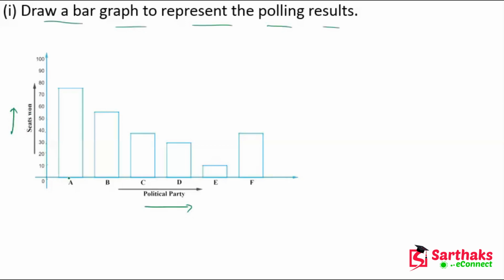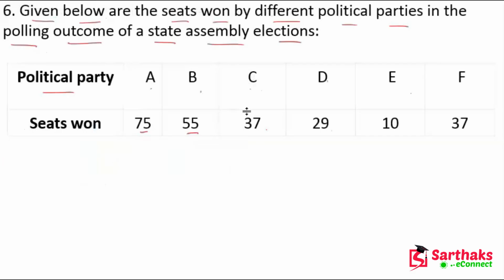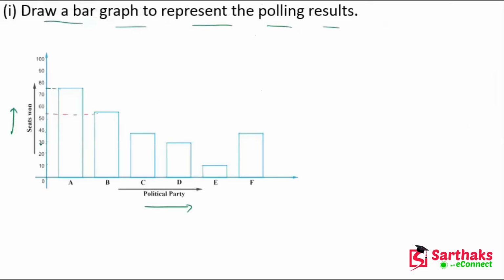So now, seats won by A is 75. Here you can see this is 75. Seats won by B is 55. Seats won by C is 37. So we can write this is 75, this is 55, this is 37.